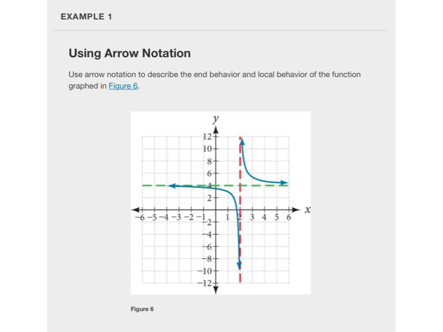I would write this on your paper. Just draw a really quick sketch. Put a vertical line at x equals 2. That's your vertical asymptote. Put a horizontal dotted line across at y equals 4. That's your horizontal asymptote. And then fill in the branches. And you don't have to be real specific with the branches. Just put some curves in those quadrants.